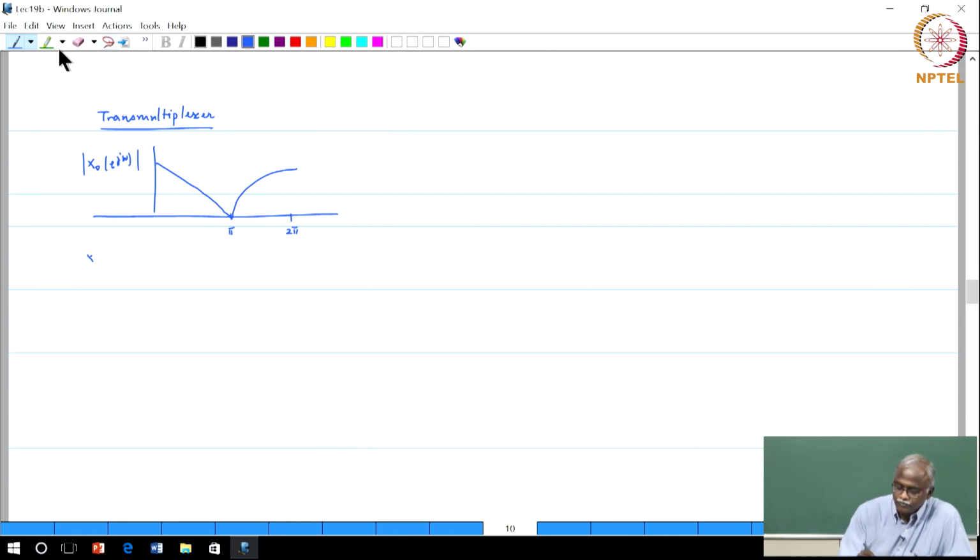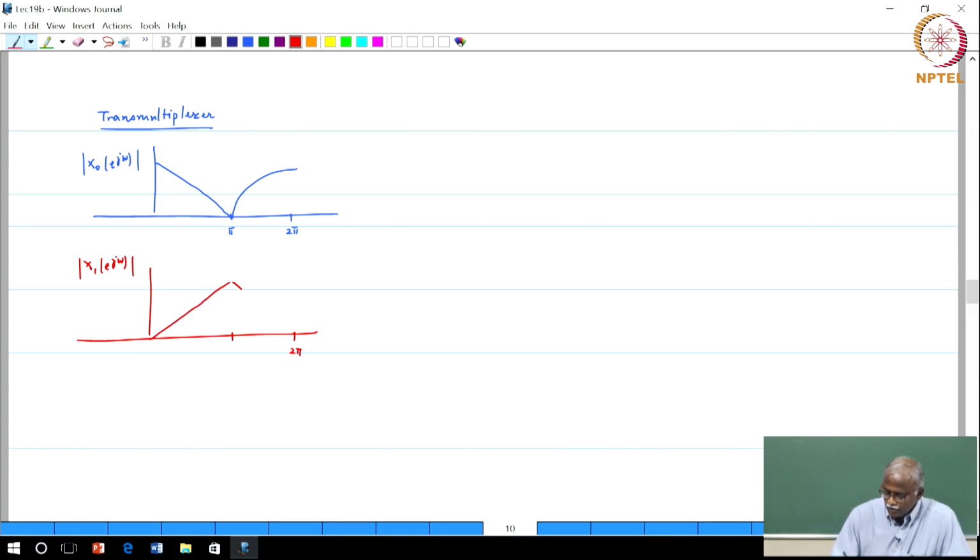X1, choose a different color, X1(e^jω), magnitude, 0, π, 2π, the spectrum. It is a real signal, but it does not have low frequencies, it has got high frequency content. Okay.